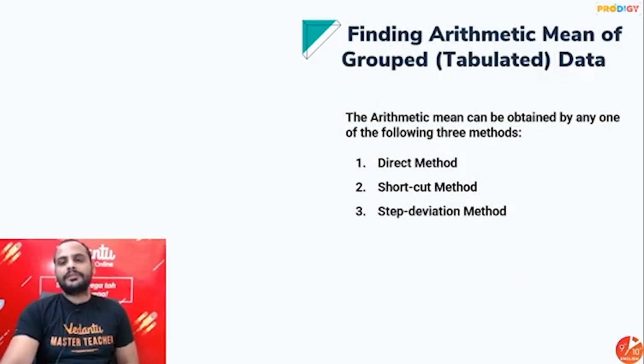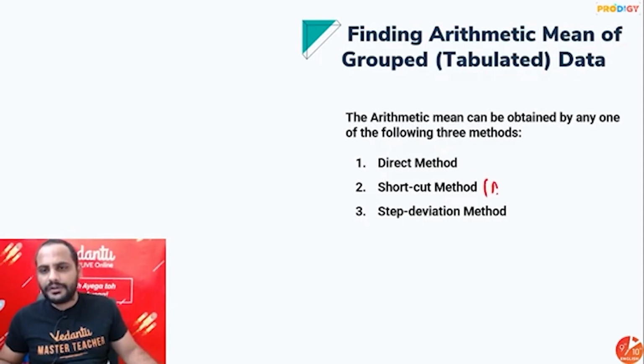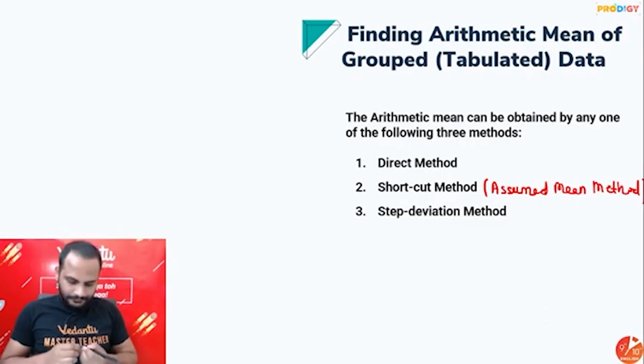So mean we will be learning to find by 3 methods: direct method, shortcut method or assumed mean method, and the third one being your step deviation method.